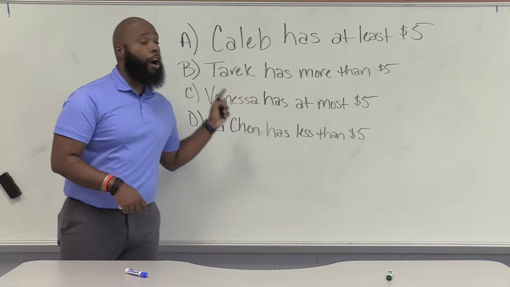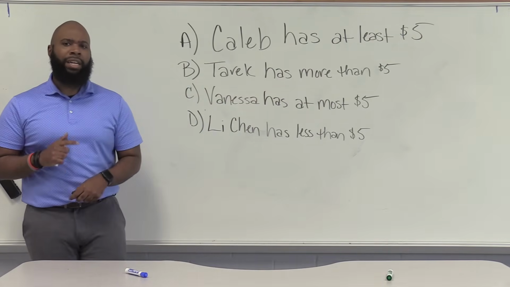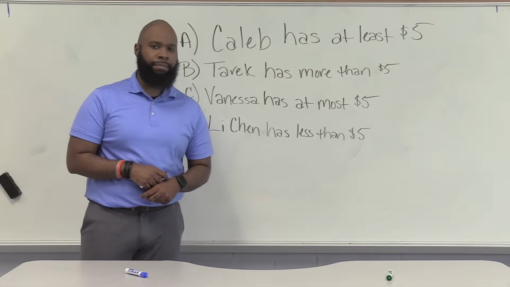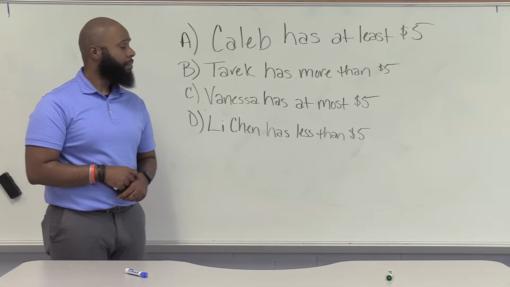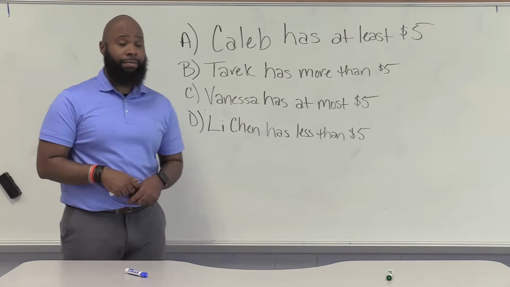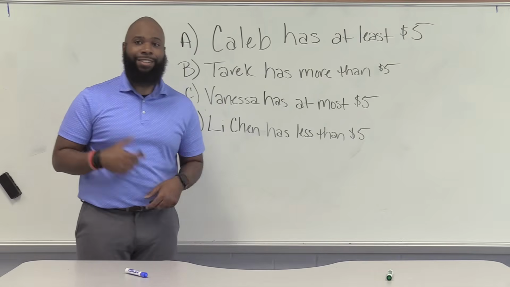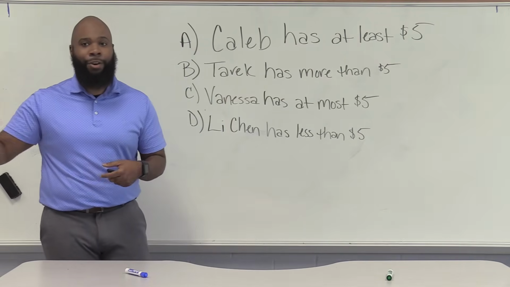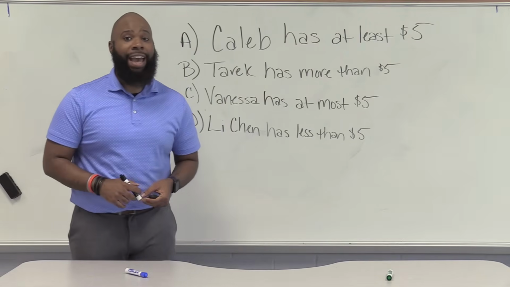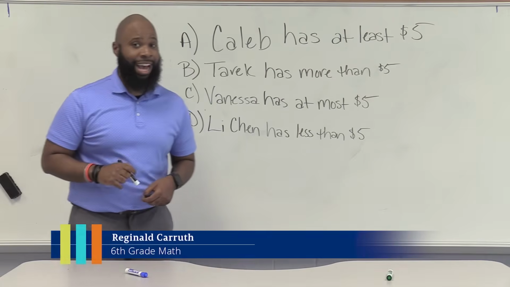So I know that all of your amounts were centered around $5. How much money could Caleb have? He could have $5, $5.10, $5.90, $6, $7, $8, $9, and going and going and going. More simply, he could have $5 or any amount greater than $5. Is that what you got?